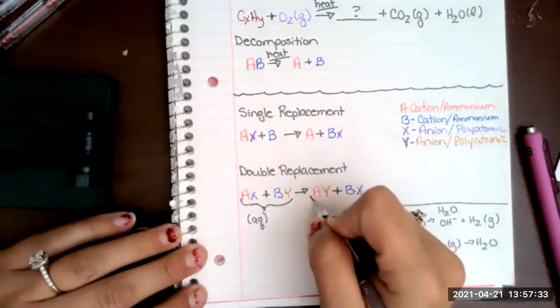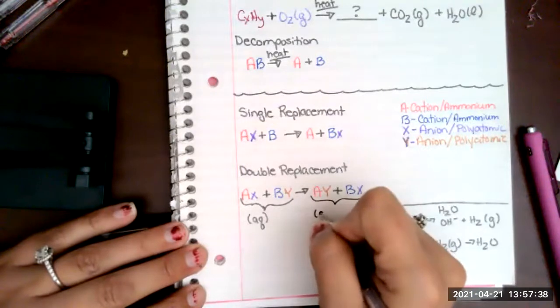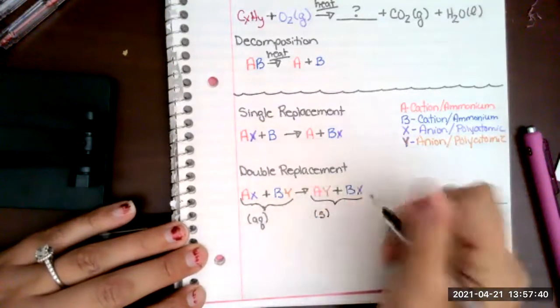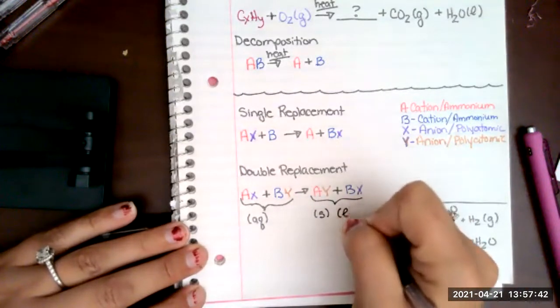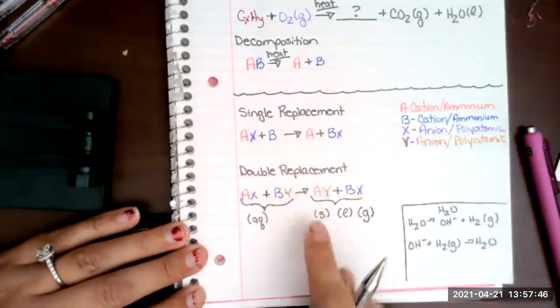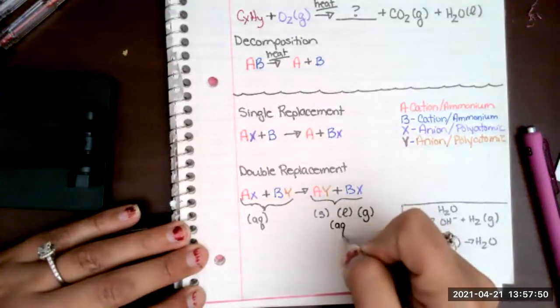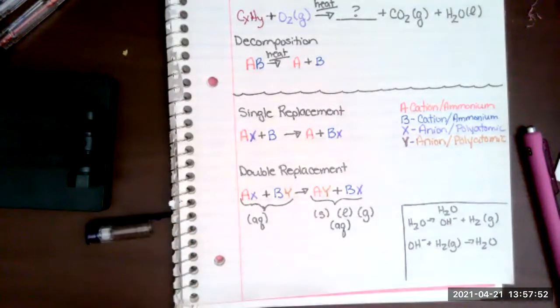We're looking at the product side. It's going to be a solid for one or both, a liquid for one or both, or a gas for one or both. If it is not one of these, it's going to remain aqueous, and both may be aqueous if no reaction actually takes place.